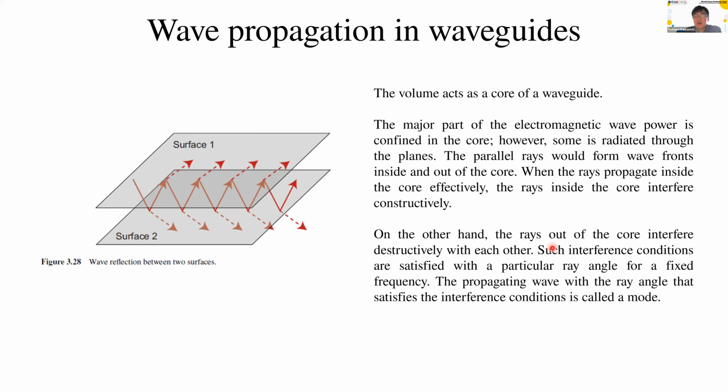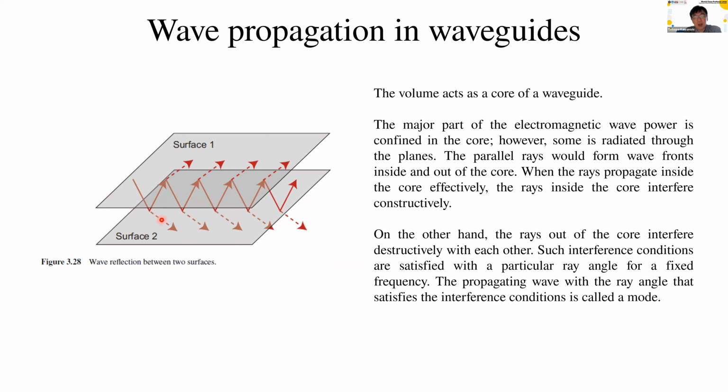The rays out of the core interfere destructively with each other, and such interference conditions are satisfied with a particular ray angle on a fixed frequency. The propagating wave with a ray angle that satisfies the interference condition is called a mode.